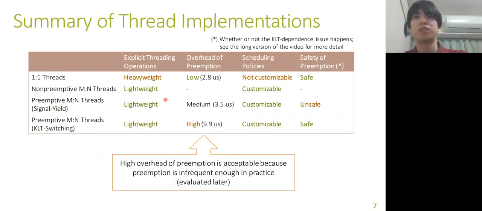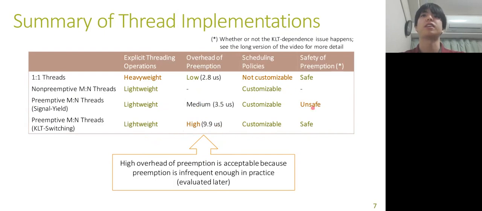First of all, explicit threading operations such as thread creation and synchronization among threads are heavyweight on one-to-one threads, whereas end-to-end threads have lightweight threading operations regardless of whether they are preemptive or not. The absolute overhead of preemption of end-to-end threads is larger than one-to-one threads, and the cost of KLT switching is much higher than that of signal yield.